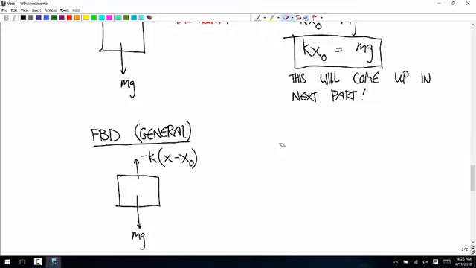And now Newton's second law, X component only. Says negative k times the quantity x minus x sub 0, minus mg, is equal to ma.